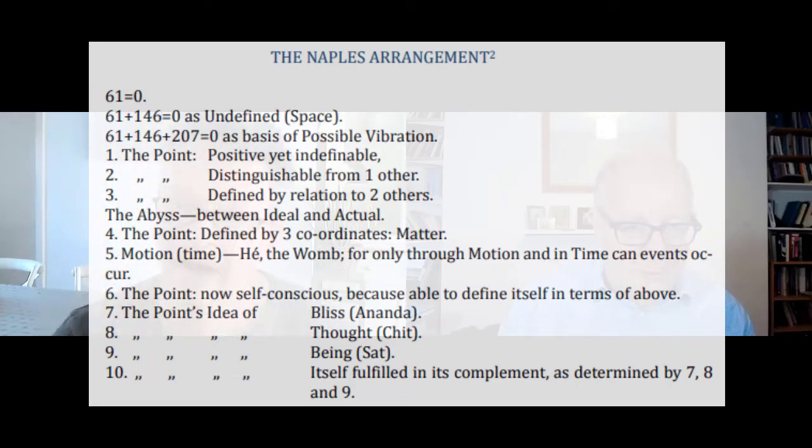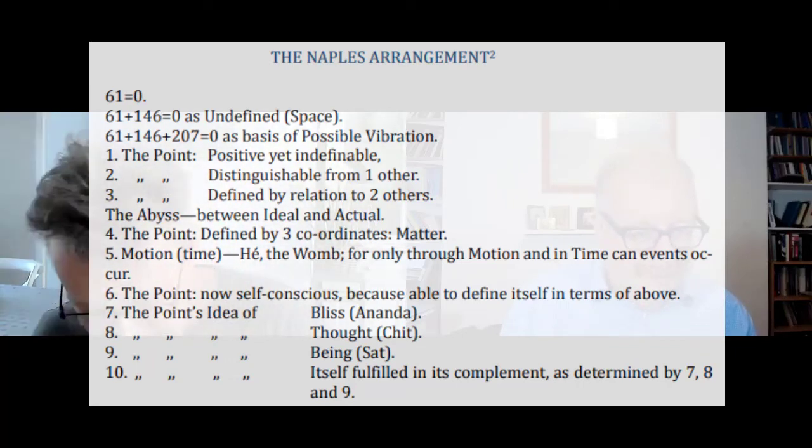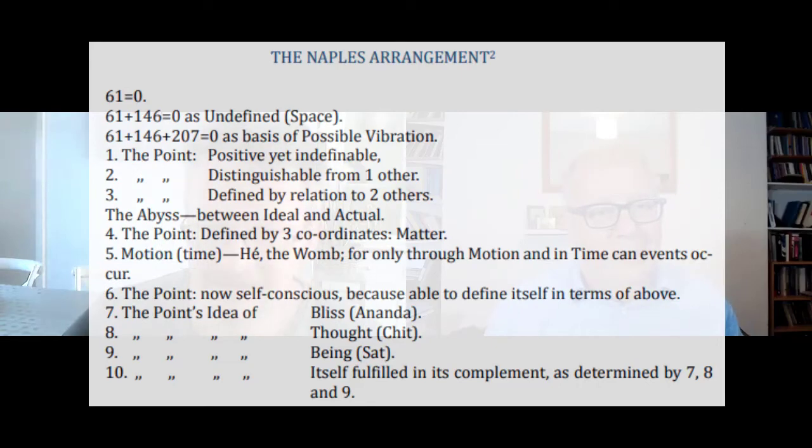Bart, what do you think? I think if it is in 777, it is connected to the Naples arrangement. Yeah, it is. Actually, in Israel Regardie's version, 777 revised, the Naples arrangement is in there, and it's not in other versions.